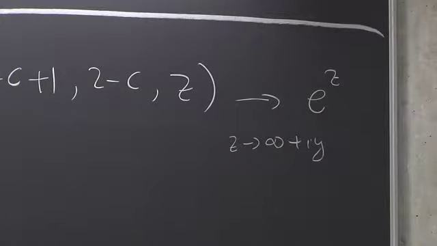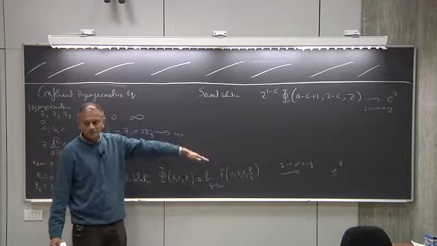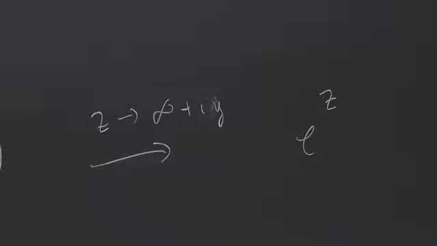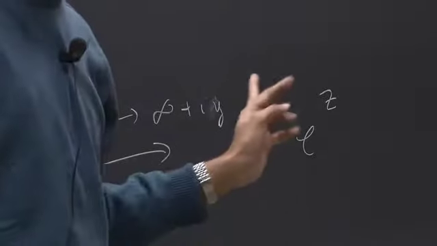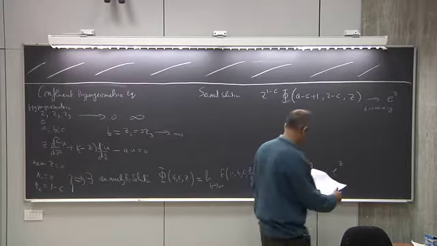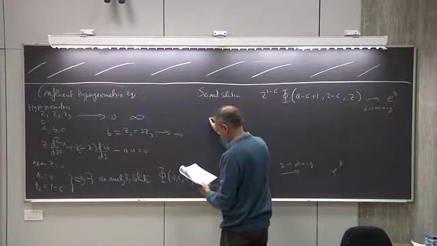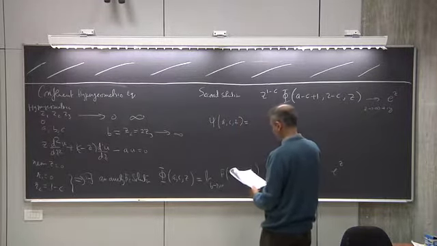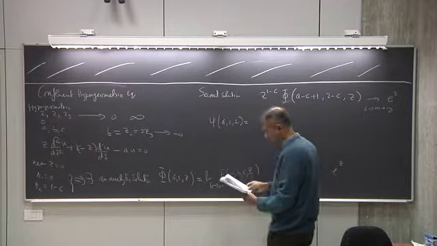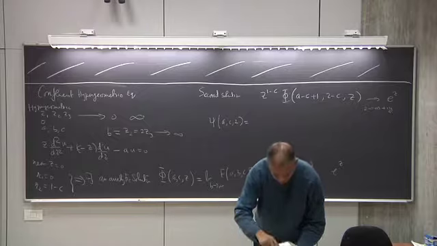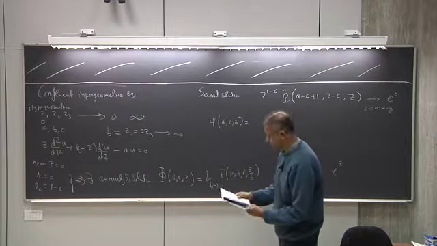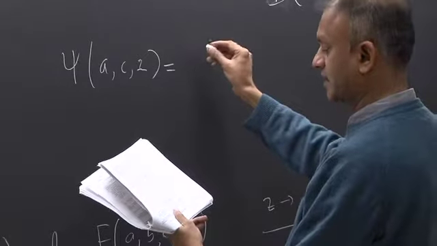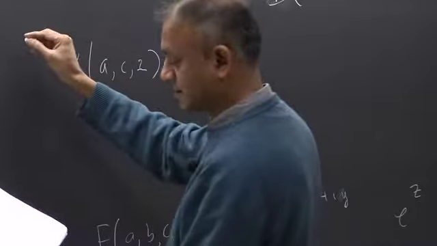But what that meant is that I could find a particular linear combination of these two that does not grow exponentially, where you can cancel the exponential term. So you find that there is a combination, which we denote by psi of a, c, z, which was this particular combination. In fact, let me write it down explicitly. This is equation 19.22.